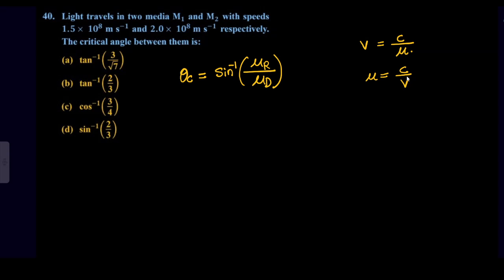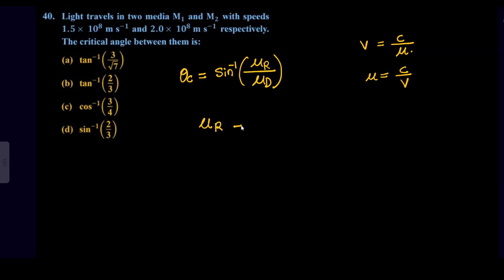Now here mu r means rarer medium. Rarer means the speed of the light is more. Here mu r by mu d. So what will be the rarer medium, and what is the denser medium here?